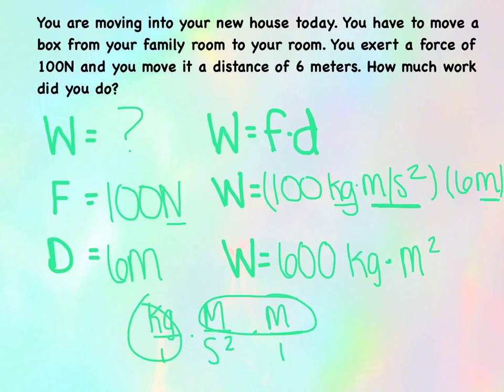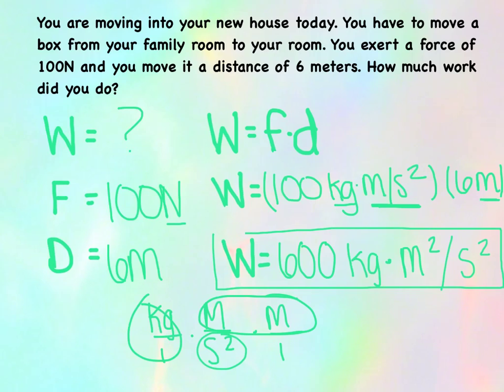And then you want to put that over seconds squared, since that's all that we have left. So this is the solved problem for question 1. So let's go to question 2.